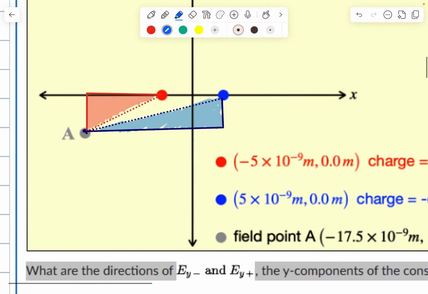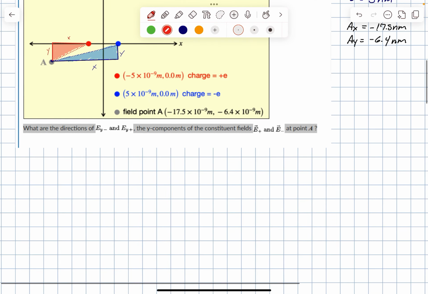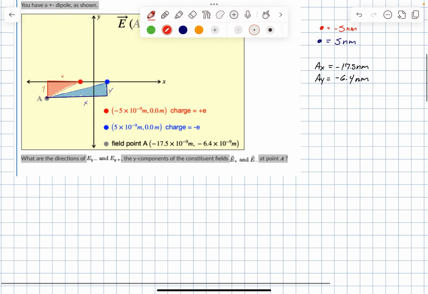So the first thing we need to do is figure out what this x and y value is going to be for our electron and our proton. So let's focus first on our proton. I'm going to draw it again down here, just so that we have more room to work with.